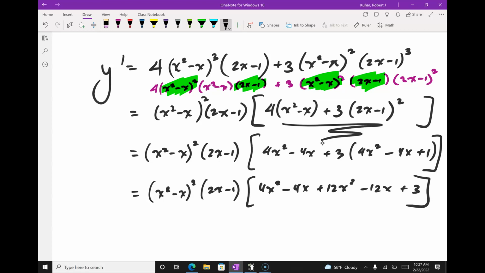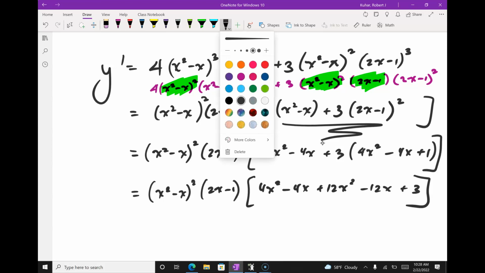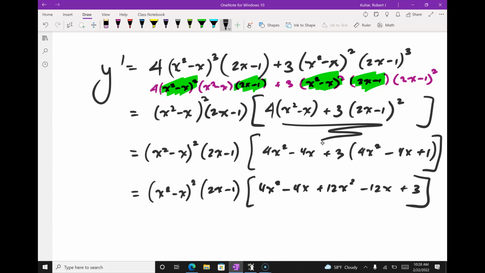So how do you decide that that part needed to be expanded but not the first? It's not factorable, and it's a sum. Nothing is shared with the 4 and the 3. The 4 and the 3 don't have a common factor, and this piece and this piece don't have a common factor.